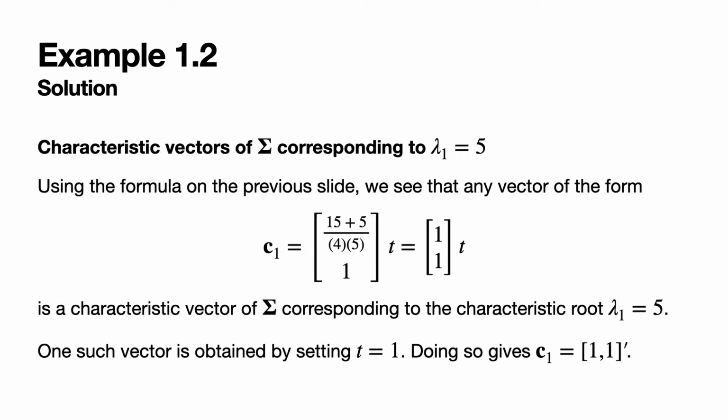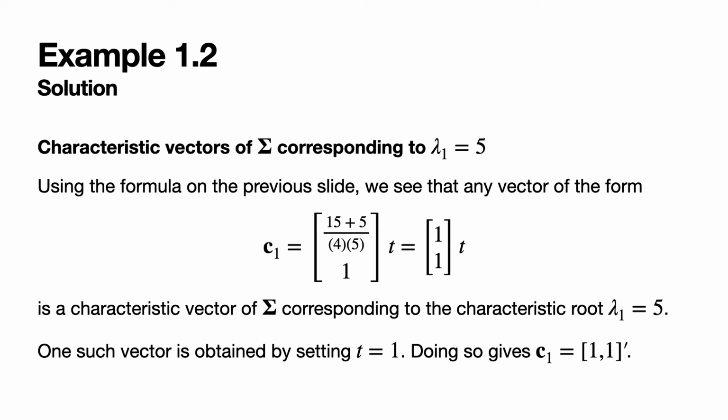So let's find characteristic vectors of cap sigma corresponding to lambda 1 equal to 5. Using the formula on the previous slide, any vector of the form C1 equal to, and then we substitute 5 in for lambda. In the 1, 1 position, we have (15 plus 5) over 4 times 5, and so we have 20 over 20, which is 1.